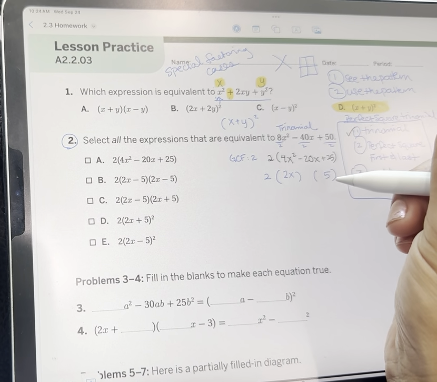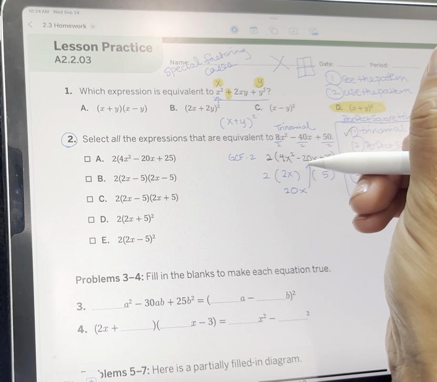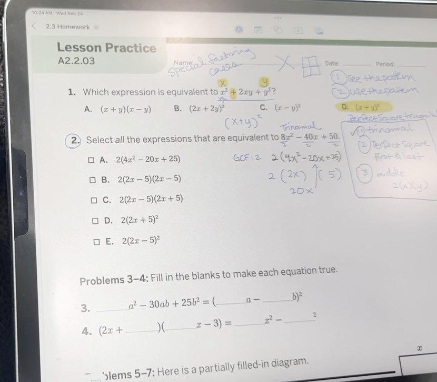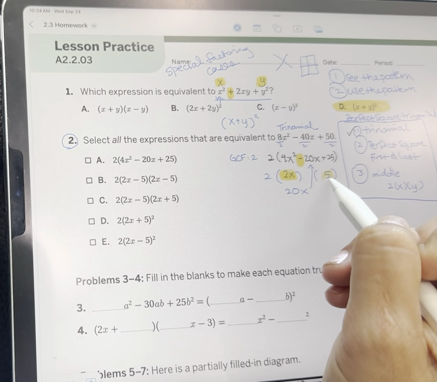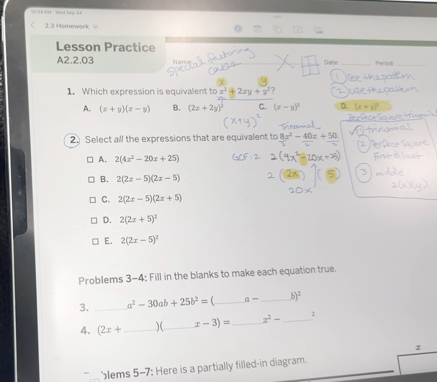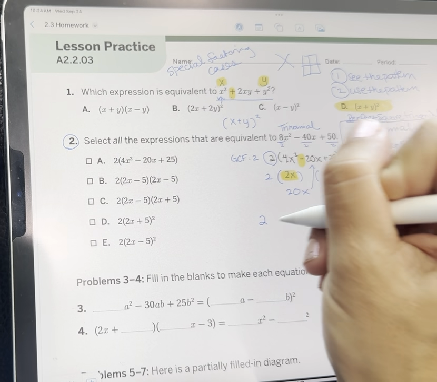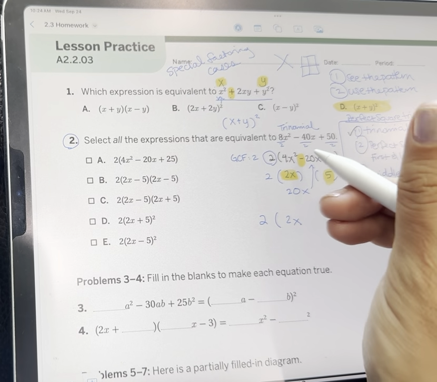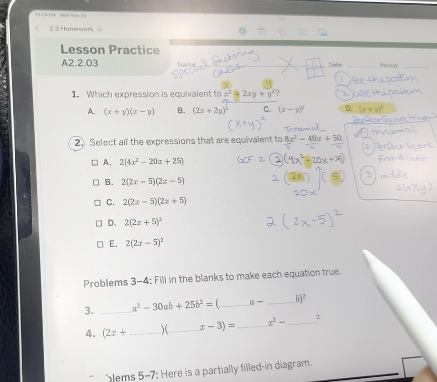So 2 times 2 is 4, and 4 times 5 is 20. And that is what's going on in the middle there, which means that the pattern now tells me that I just have to take my first square root, the sign in the middle, and my second square root, and that's it. And remember, our child is this 2, which is just going to come with us every step of the way. So we're going to have 2 times 2x minus 5 squared. That's it. That's the answer.